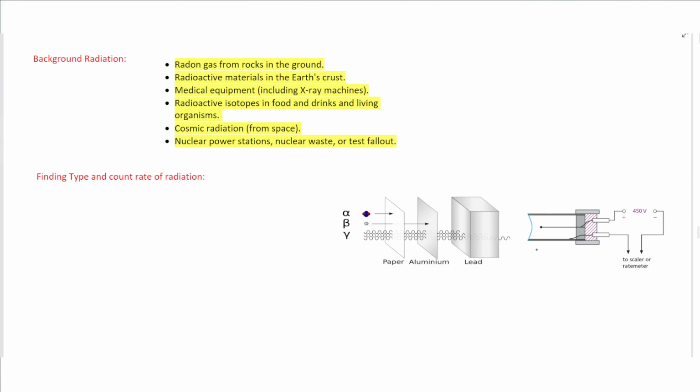Now, how to find out the amount of radiation and the type of radiation using detectors? You can use a GM tube and use the information about how to stop each type of radiation.